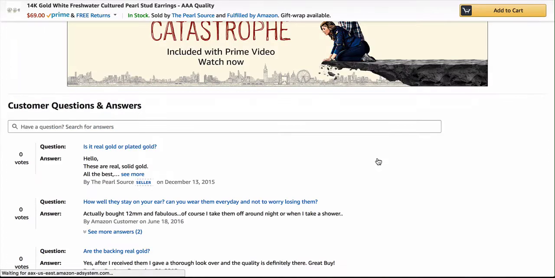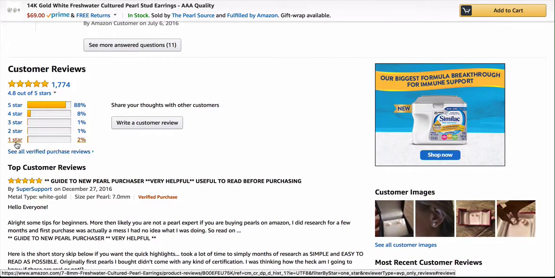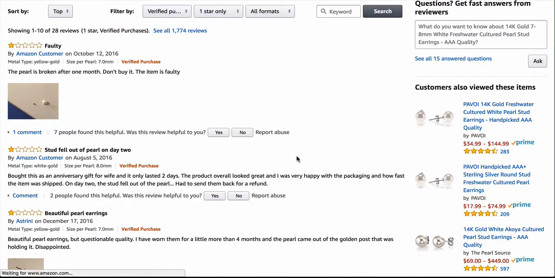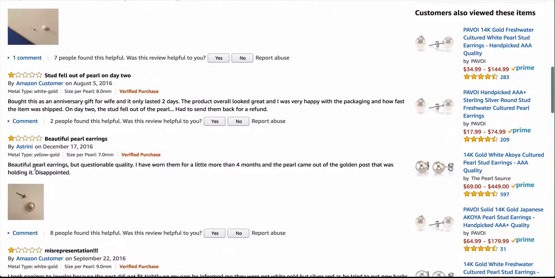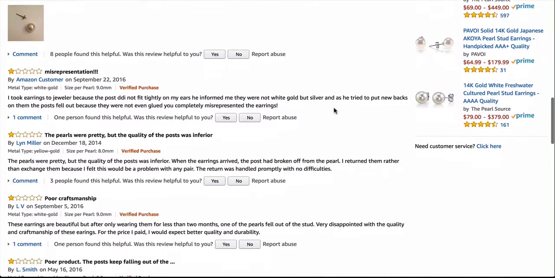I'm going to do a little bit of the same process here, where I find a product that is selling well, and then I look to see what people are unhappy with about it. So, the pearl came out, the product overall looked great, the stud fell out. Okay, so that's two people talking about the jewelry breaking.